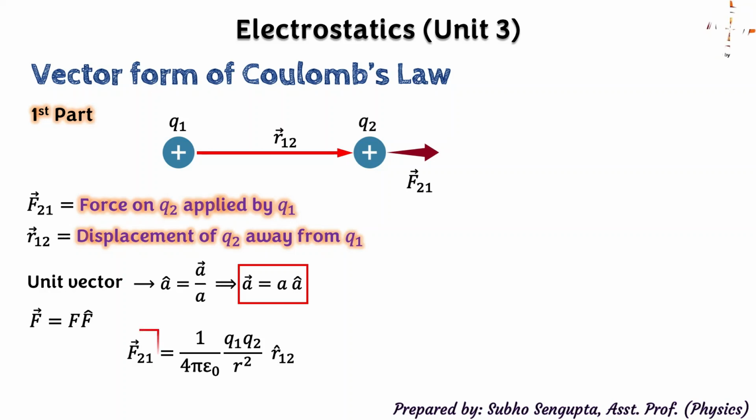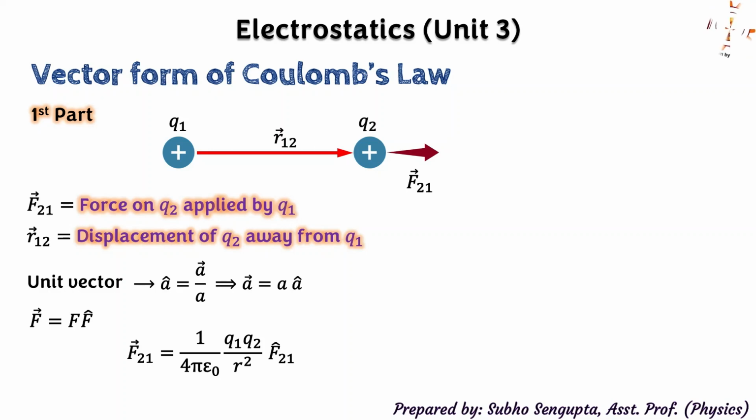You are considering the force vector F suffix 21, but you have the unit vector R suffix 12 hat on the right hand side of the equation. Shouldn't it be the unit vector F suffix 21 hat on the right hand side of the equation? Let me explain it. Here, I put the unit vector F suffix 21 hat in place of R suffix 12 hat.